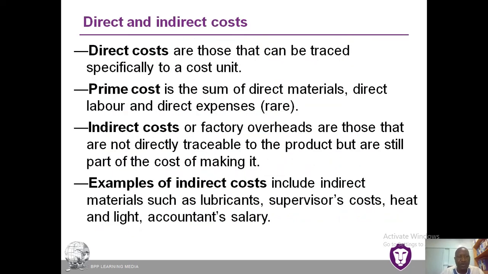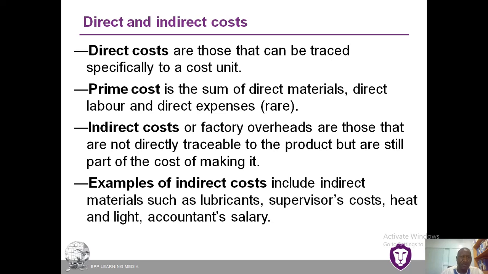When we come to cost classifications, cost can be classified in different ways. Cost classification actually is the grouping of cost under common characteristics. Cost classification number 1 could be you are classifying costs as either direct costs or indirect costs.